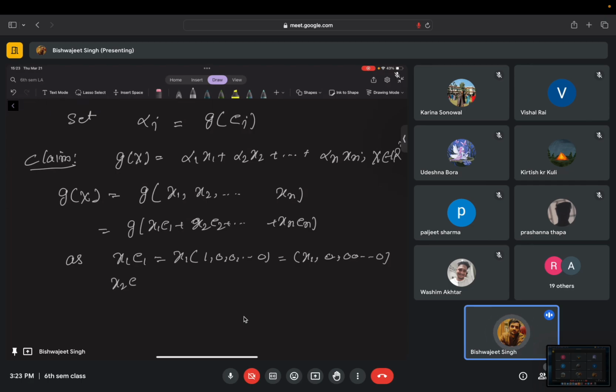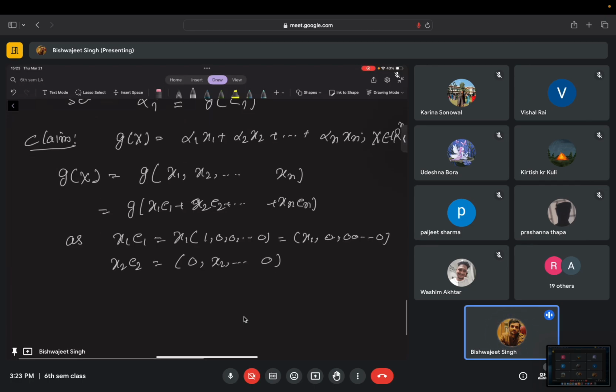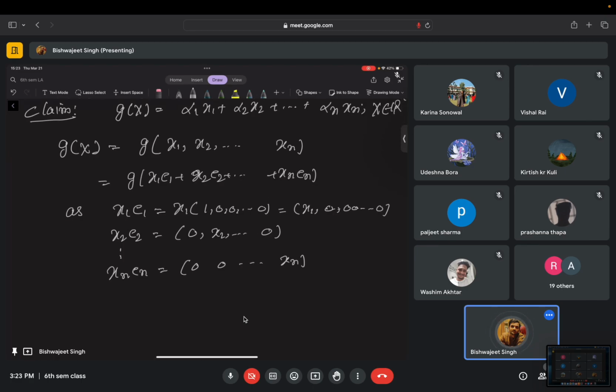Similarly x2 e2 gives 0, x2, and all other components 0. And xn en is 0, 0, up to xn. If I add all of these, I get my original vector x.